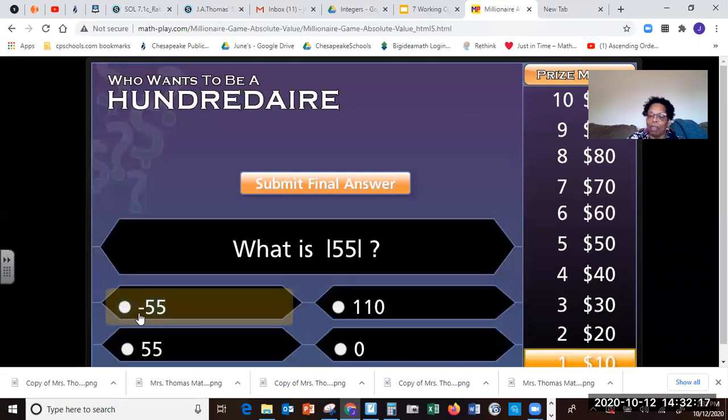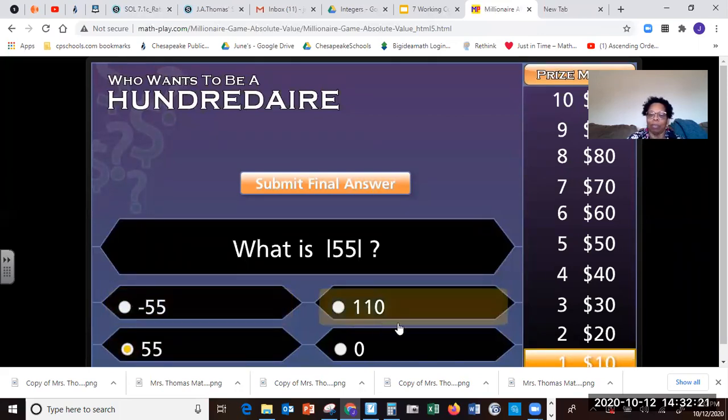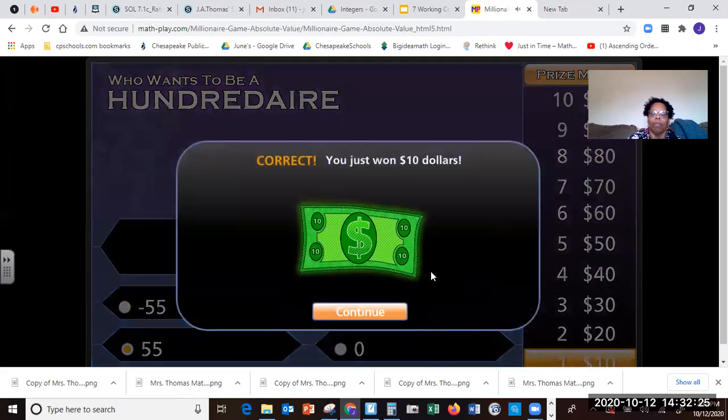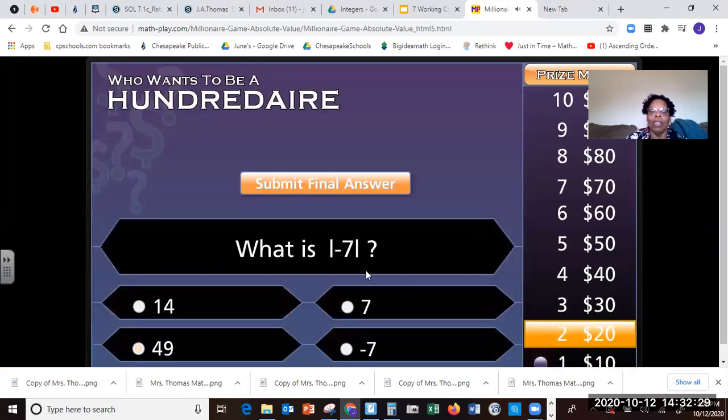No, the absolute value of 55 is 55. What is the absolute value of negative 7? Negative 7? No, remember, it's a distance from 0 to the number, and distance is never, ever negative. So it's positive 7.